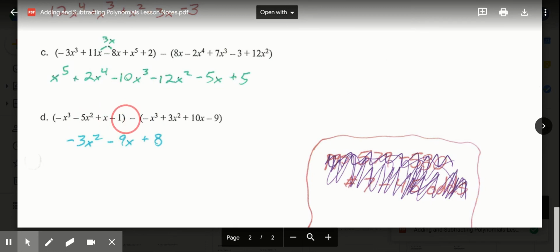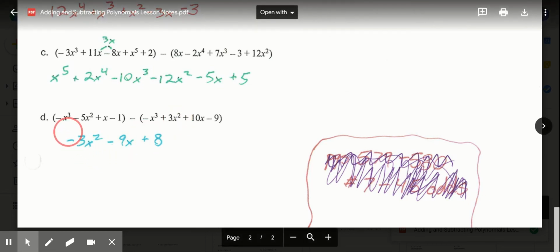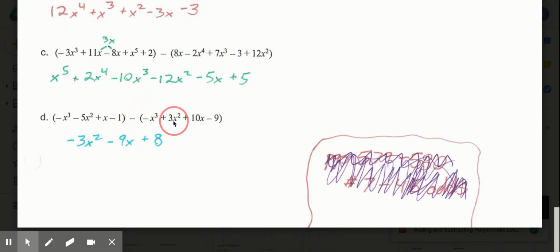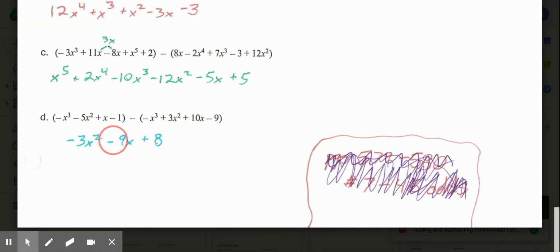Negative 5x squared minus 3x squared should be, and I wrote this wrong, negative 5x squared minus 3x squared. So a negative 5 minus 3 more, that should be a negative 8x squared, not a negative 3. So negative 8x squared, and x minus 10x gives us a negative 9x, and a negative 1 minus a negative 9. Negative 1 plus 9 gives us a plus 8.